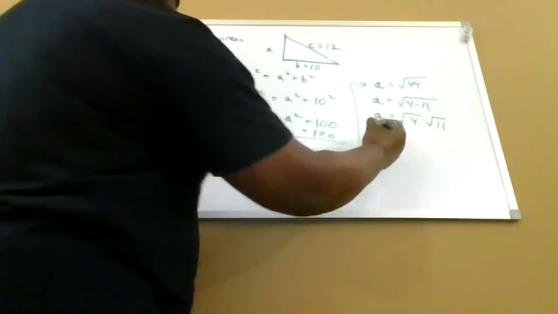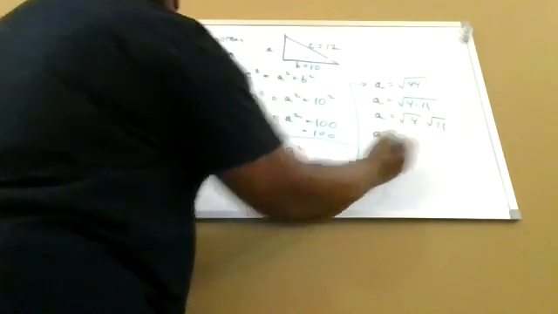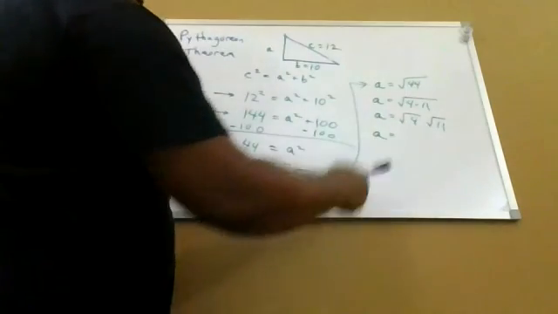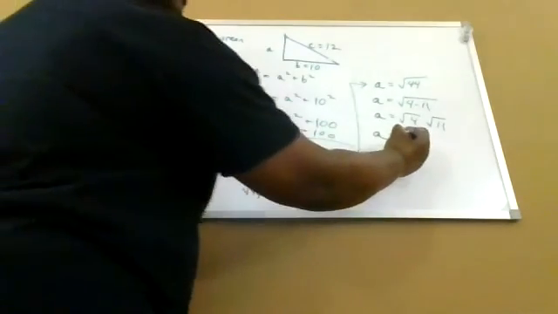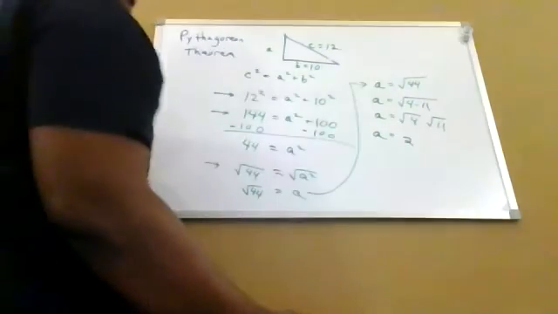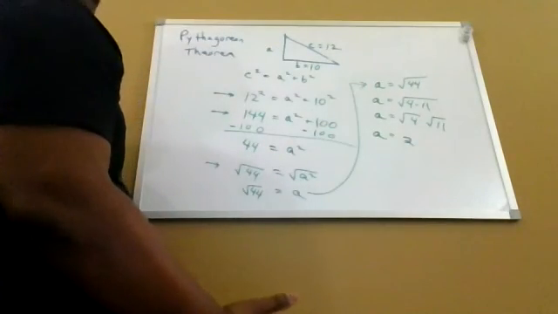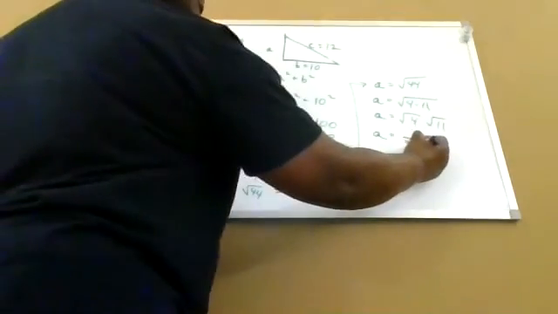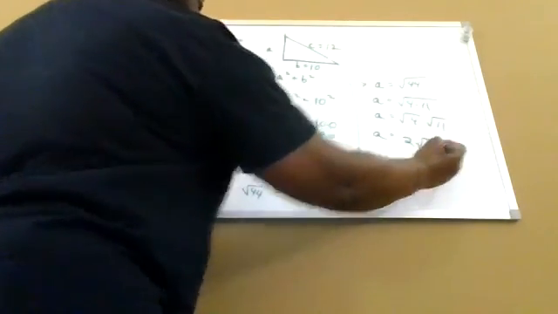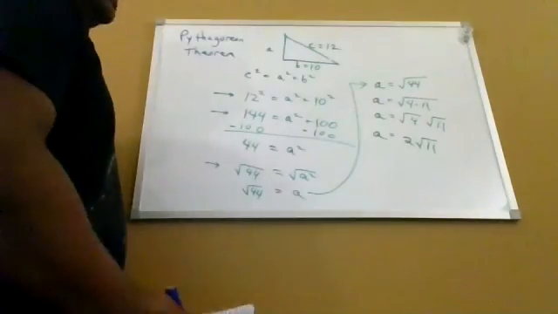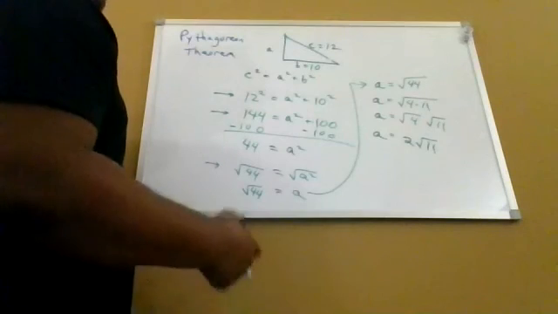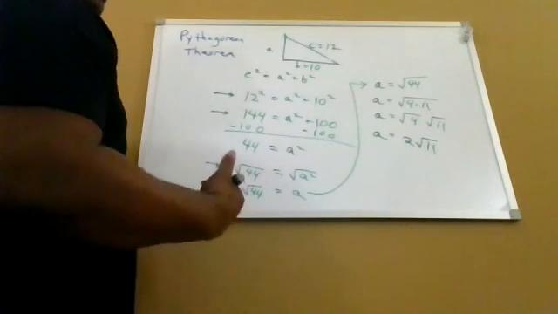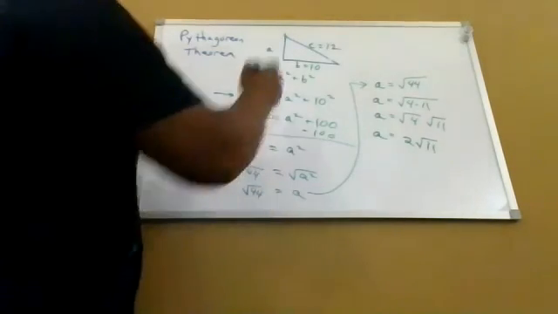Therefore, A is going to equal 2, and I'll leave the square root of 11 as is. So therefore, A is going to equal 2 times the square root of 11.